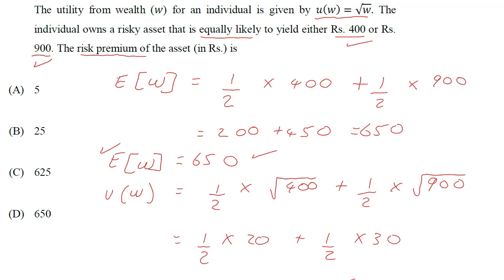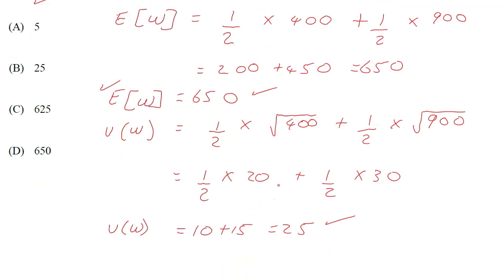So what's happening over here? We know that this utility of wealth is 25, or 25 utils if you want to call it. Now we want to work ourselves backwards to something called the certainty equivalence. Certainty equivalence means an equal chance of it being burnt or not burnt, in terms of utility.